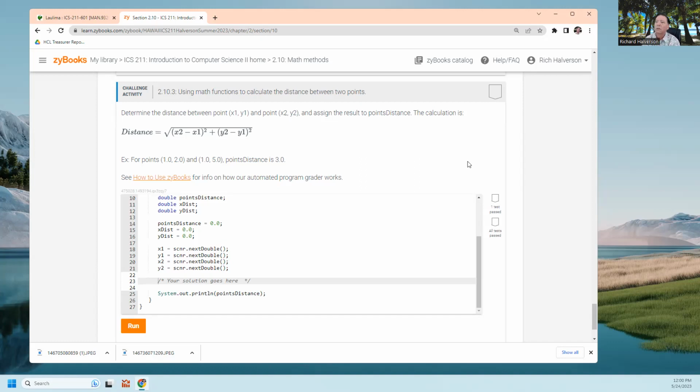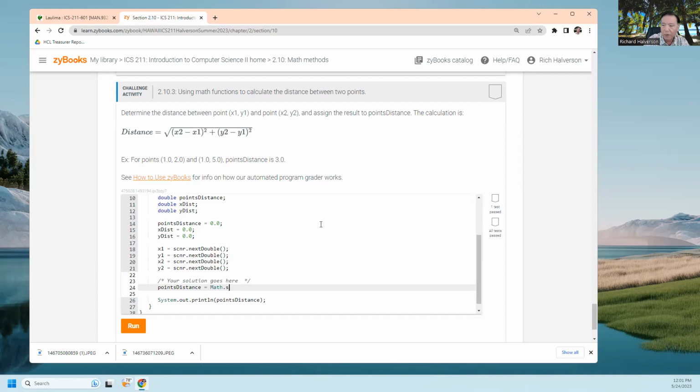Why are we doing an x distance and y distance? I don't know. I'm gonna see if this works. We want points distance. We want this. Paste. And we want that to equal, isn't it just we got x1, x2, y1, y2? I'm just going to write this distance formula.